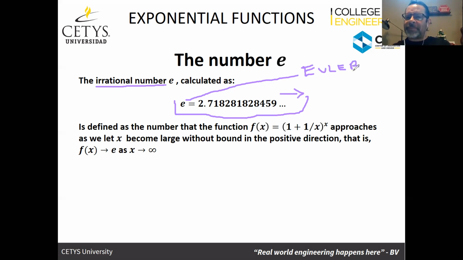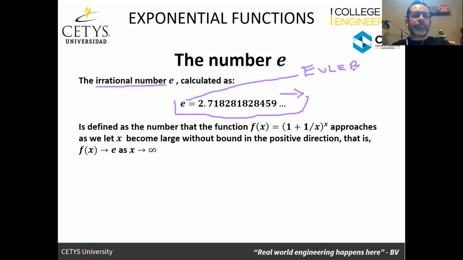Depending on where you're from is how you pronounce this. In Spanish, we call him Euler, because in Spanish we pronounce all of the vowels as they are. In English, some people refer to it as Euler's number, but the correct pronunciation is actually Euler's number.